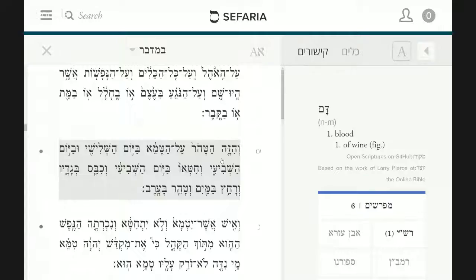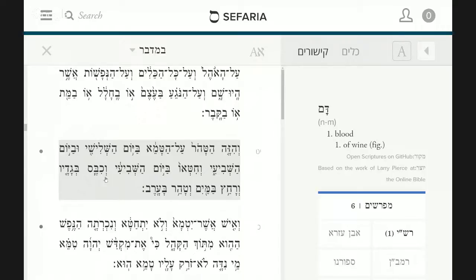Okay. Well, let's see. V'hiza hatahor al hatameh, so he shall sprinkle the pure on the impure, bayom hashlishi, on the 3rd day, and bayom hashvi'i, on the 7th day. V'chit'o bayom hashvi'i, and he will purify him on the 7th day.